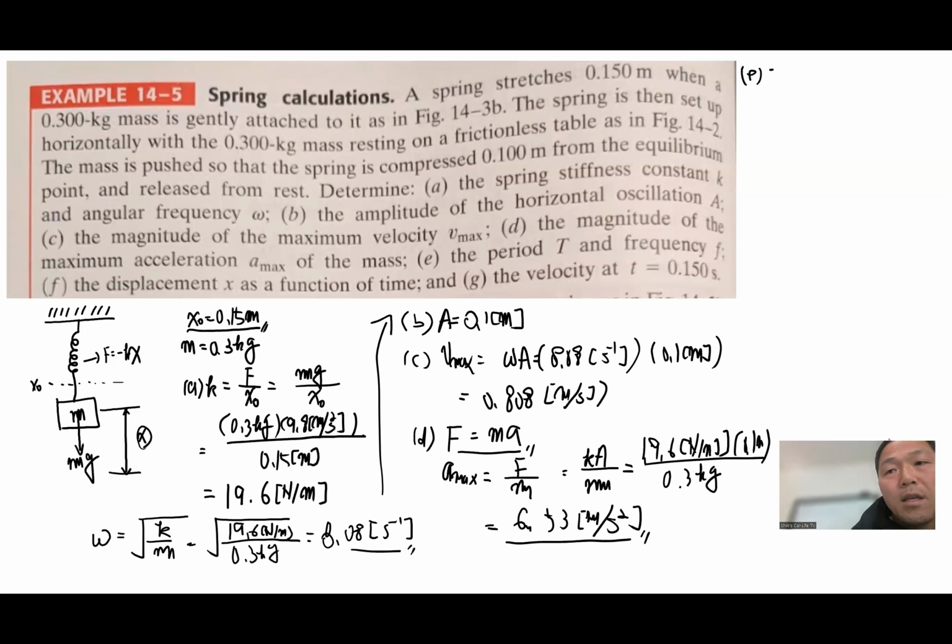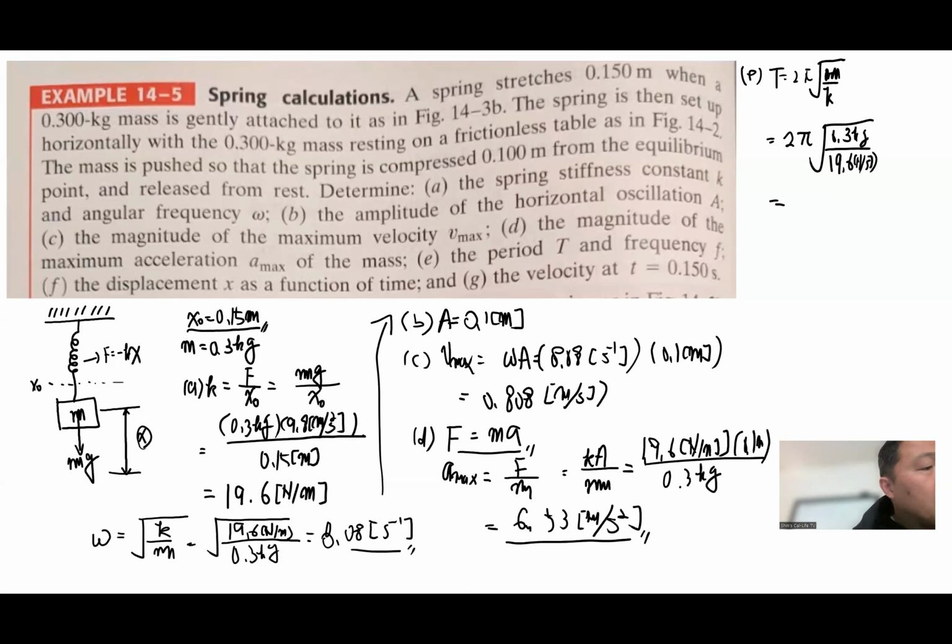And E, the period T is 2 pi square root of m over k. So here it is 2 pi times the square root of 0.3 kilogram in the numerator, and the denominator should be 19.6 Newton per meter.